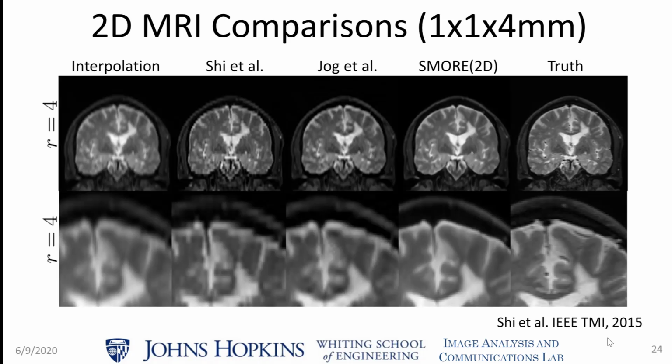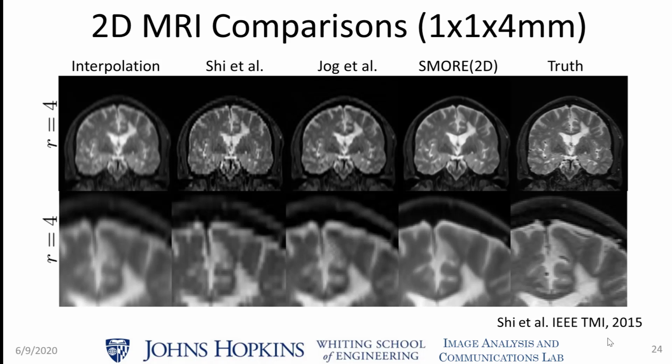So here's an example for R equal to 4, where we've got the original B-spline interpolation in a zoomed region, an algorithm that was reported in 2015, that was really reported for smaller ratios, but had one example of this size, and JOG, which is one of our former methods, also a bit older, and the SMORE 2D results.